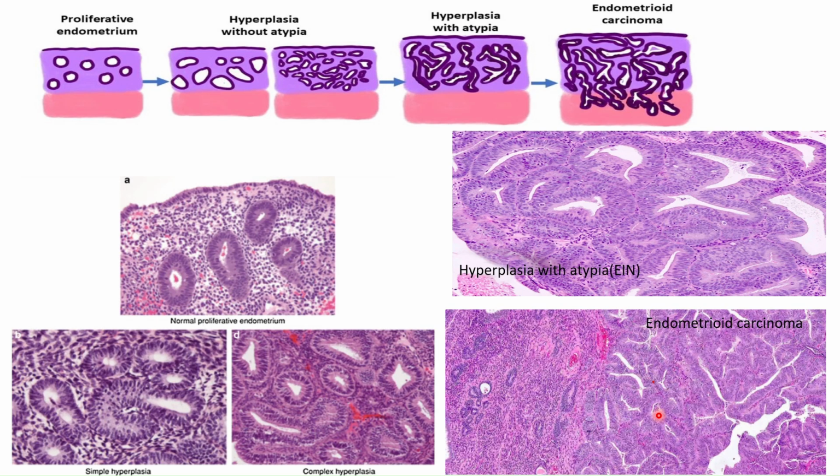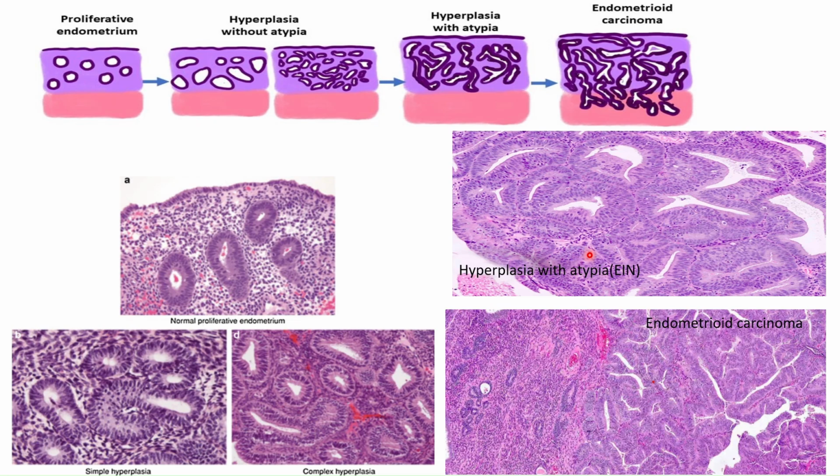ratio is increased. So this is evenly spaced normal proliferative endometrial glands. In hyperplasia, we can see less stroma but still visible stroma, with back-to-back arrangement of glands. This is complex hyperplasia. Stroma is reduced but still visible, with some angulated glands and back-to-back arrangement. Here gland to stroma ratio is increased.